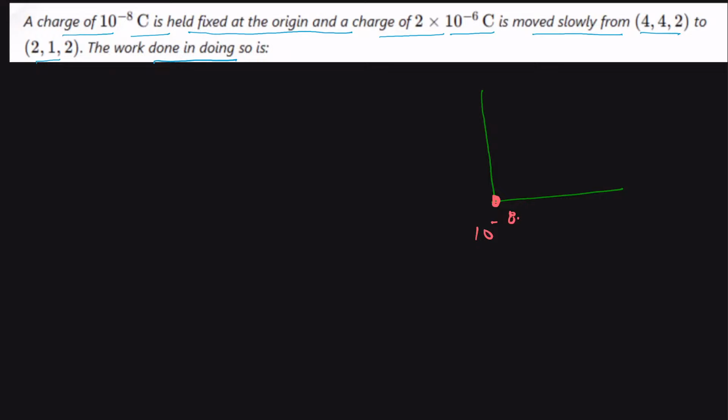The other charge is being moved from 2, 1, 2 to 4, 4, 2, something like this.